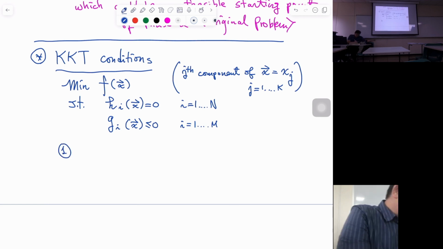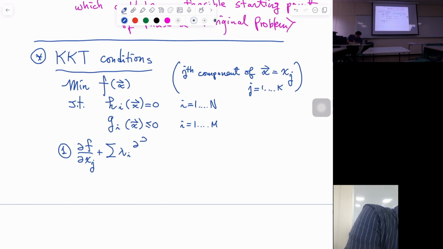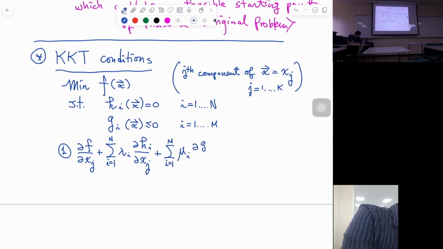So the first equation is partial f partial xj plus summation of lambda i times partial derivative hi with respect to xj, i goes from 1 to n, plus summation of mu i this time, but i goes from 1 to n, times partial derivative gi with respect to xj. This equals to 0.